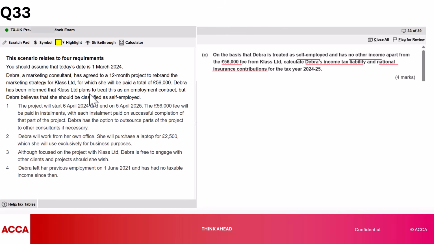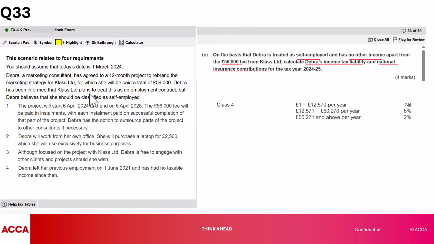And since it's the only asset we can see there, we can claim AIA on it, the annual investment allowance, where you're given up to 1 million to deduct. But since the amount here is only 2,500, that is what we'll deduct from the 56K to get the adjusted trading profit. And that's exactly what happens there.